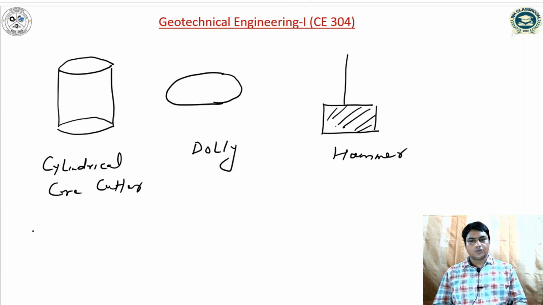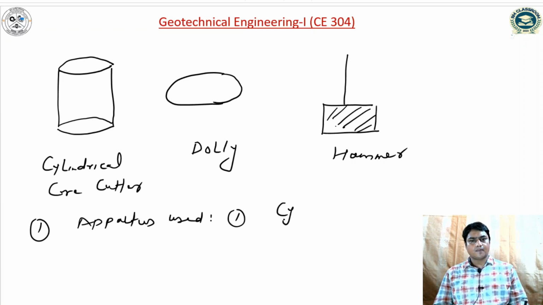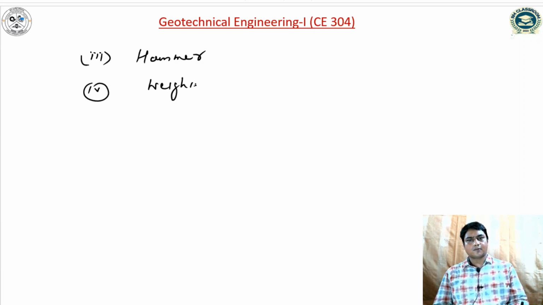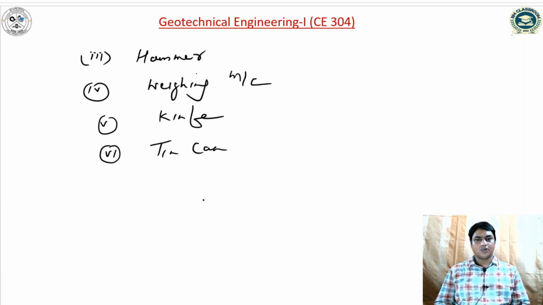If I write about the apparatus used: the first one is the cylindrical mold, second one is the steel dolly, third one is the hammer, fourth one is the weighing machine, then a knife, and tin can for the determination of moisture content.